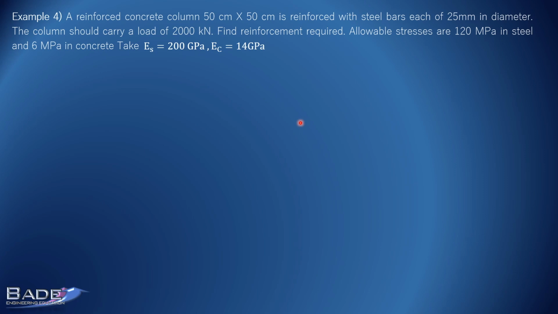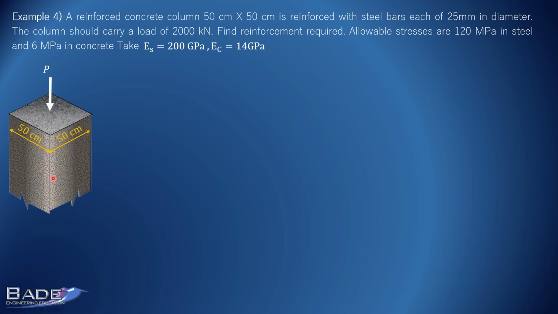Okay, let's continue. So here is a concrete column. It is carrying a compressive load P. I have not shown steel here, but there is steel. How many steel bars? We don't know. We are going to decide that. Let the number of bars to be used be N. Each bar has cross-sectional area pi d squared by 4.